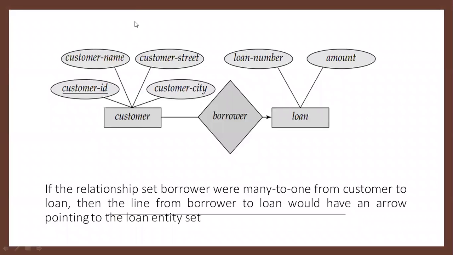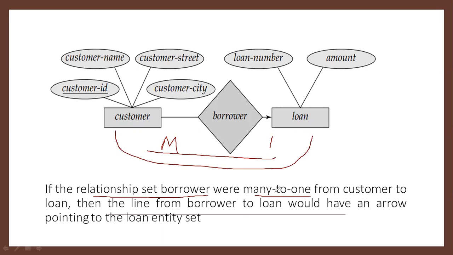So many customers having different types of loans in any bank. So this is one and this is many. Got it? Relationship set borrower where many to one from customer to loan, many to one. Got it? So it is simple.